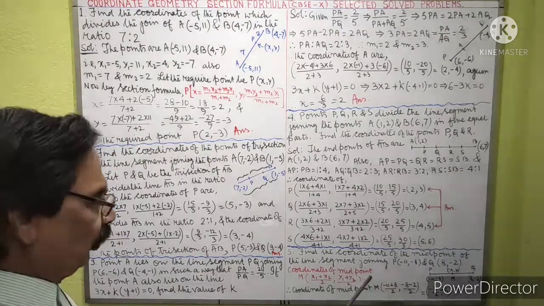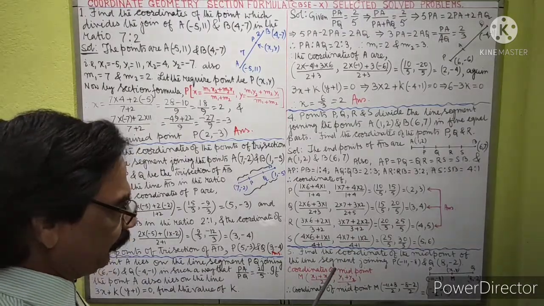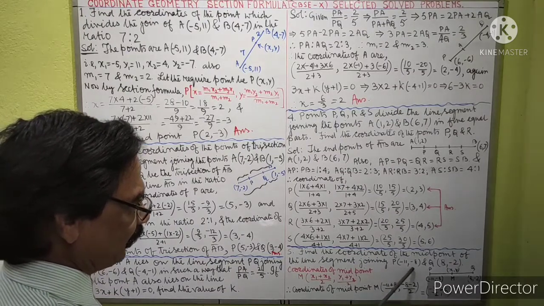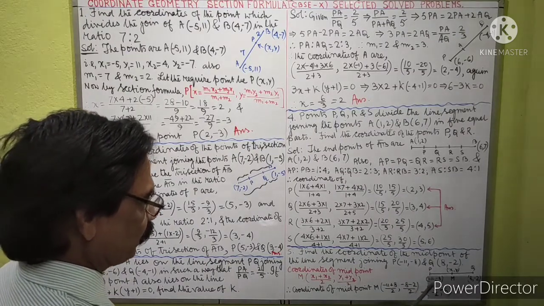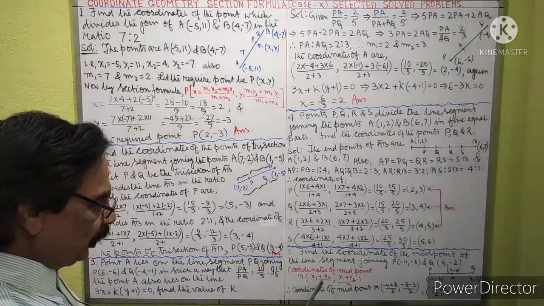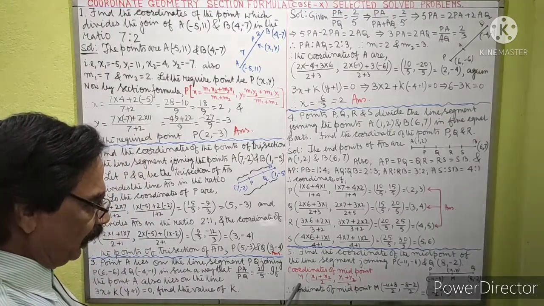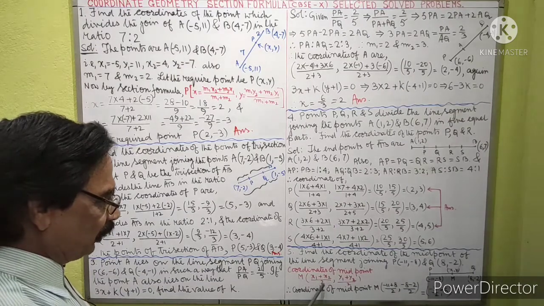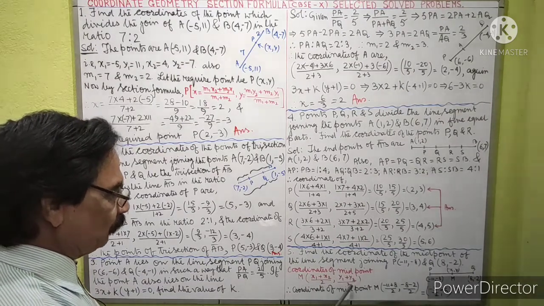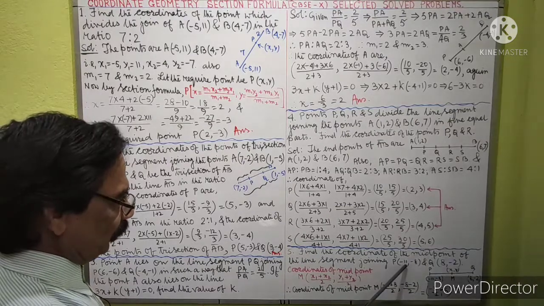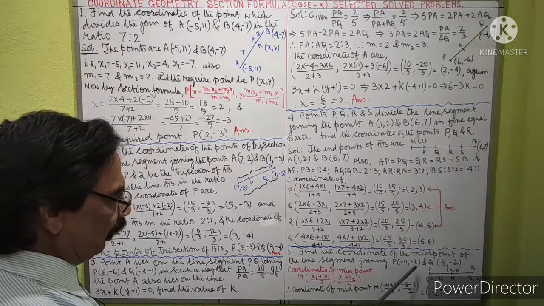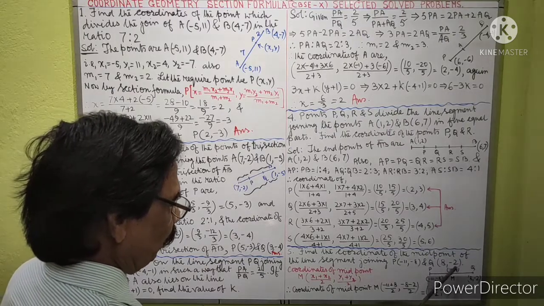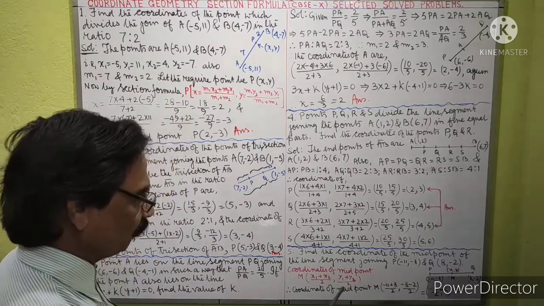Now the last question. Find the coordinate of the midpoint of the line segment joining P (-11, -8) and Q (8, -2). The coordinate of the midpoint is given by this formula: M equals (x1 plus x2) by 2 and (y1 plus y2) by 2. Here x1 equal to -11 and y1 equal to -8, x2 equal to 8 and y2 equal to -2.